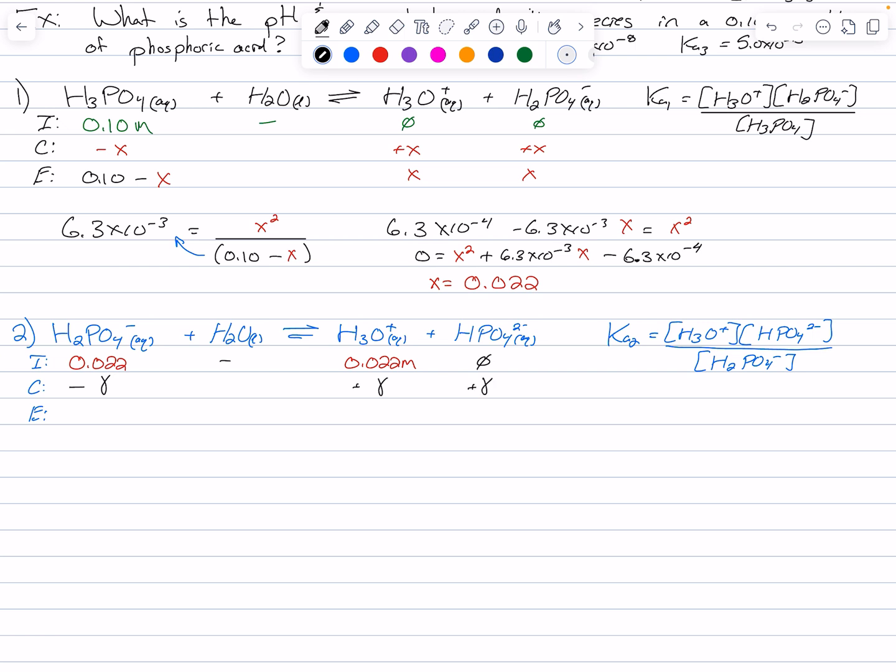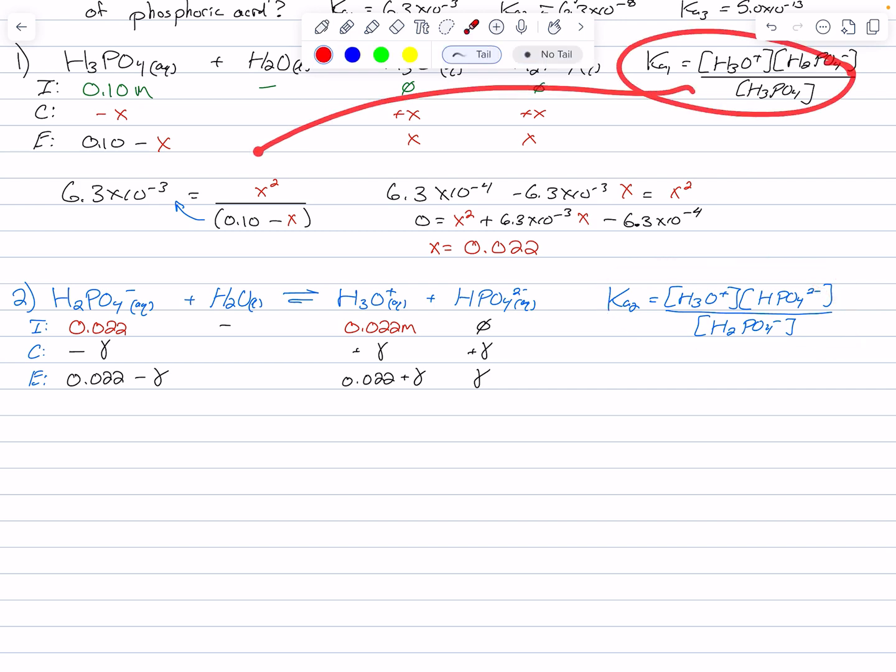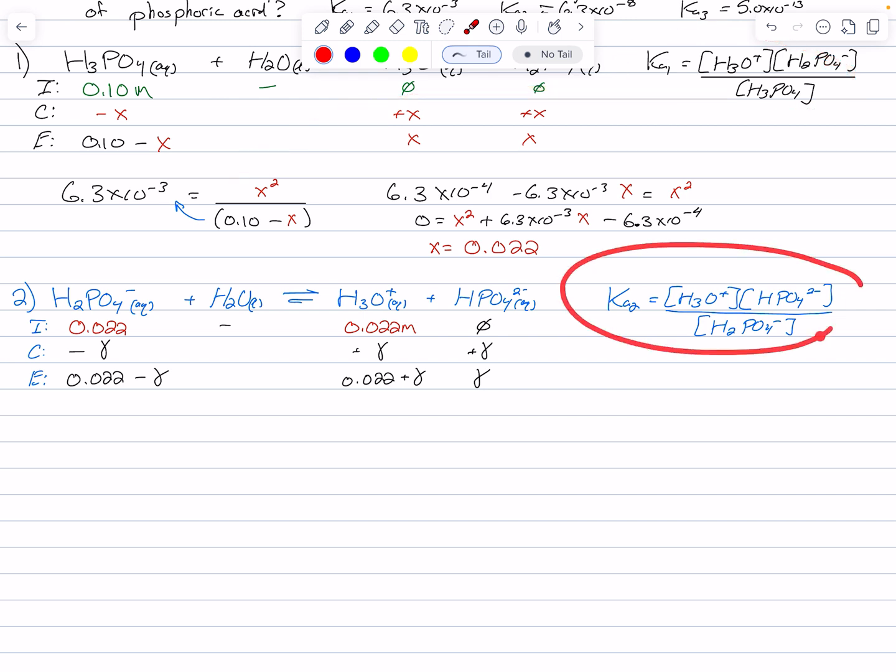So at equilibrium, I have 0.022 minus gamma, 0.022 plus gamma, and gamma. Just like we did in the first one, this expression is going to come right here.